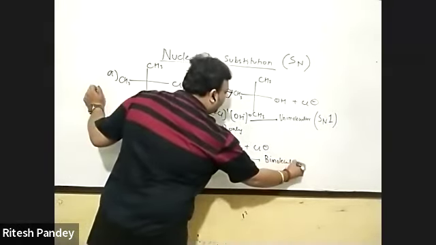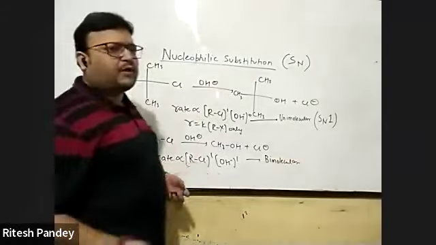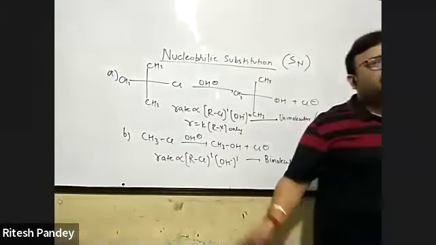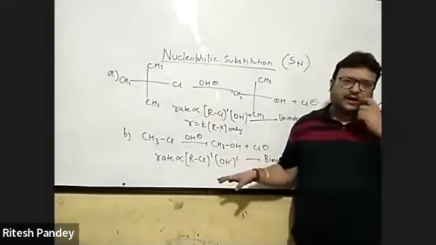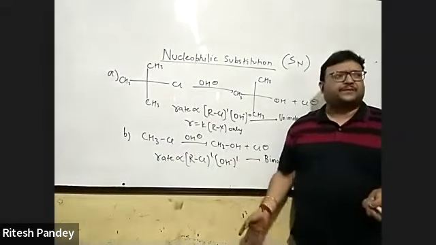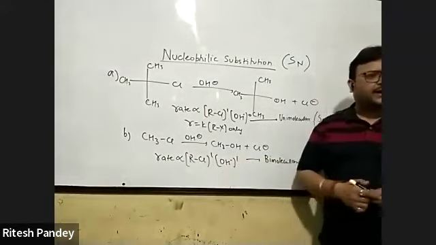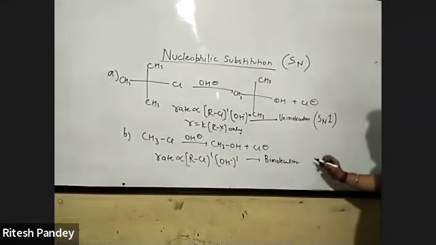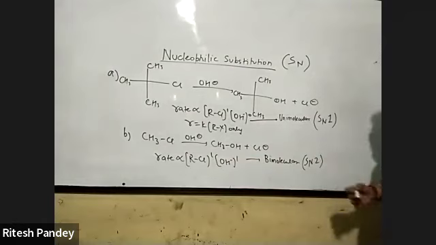So you understand what's happening here. When it's bimolecular, the rate will depend upon both the concentration of halide as well as the nucleophile. और ऐसा ही होना चाहिए, ideally ऐसा ही होना चाहिए, दोनों के ऊपर में rate depend करेगा. And this being bimolecular, it will be designated a symbol Sn2.